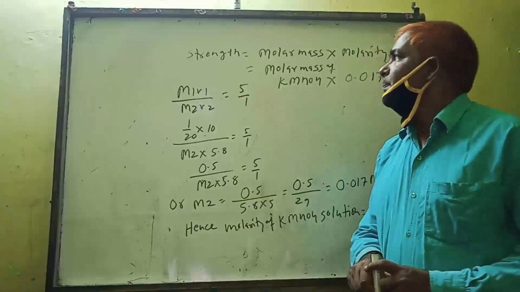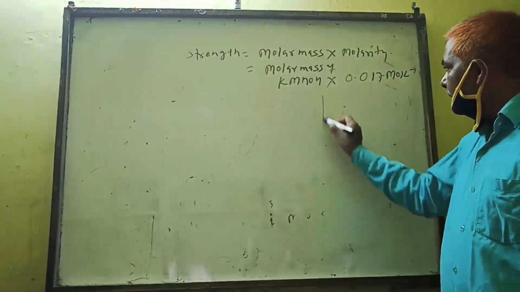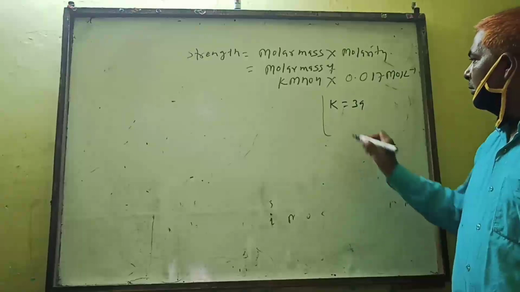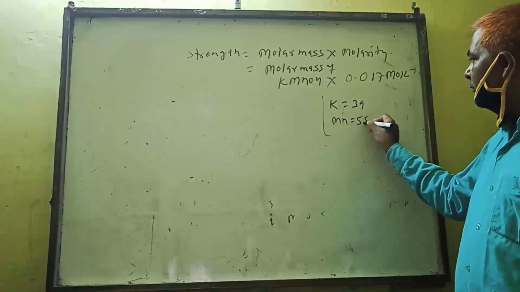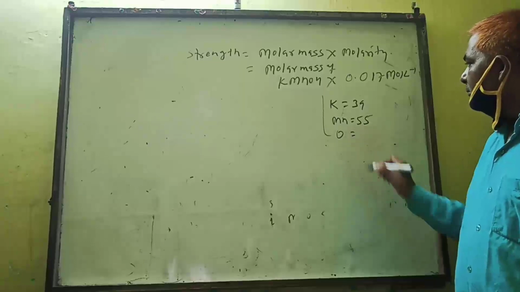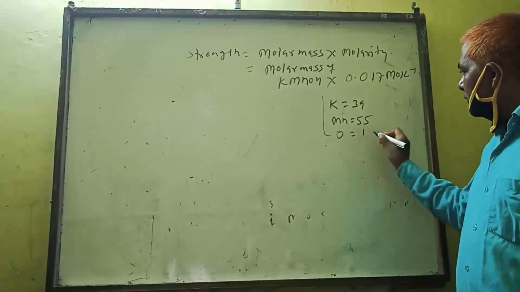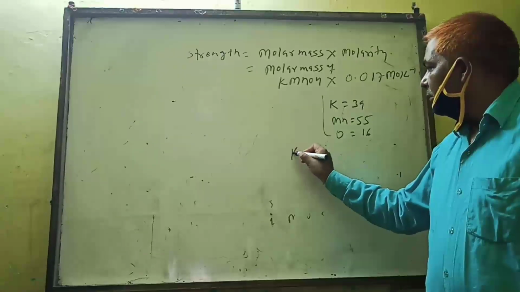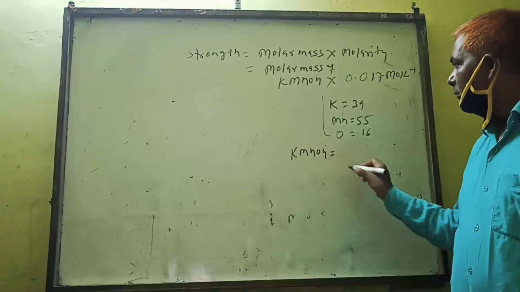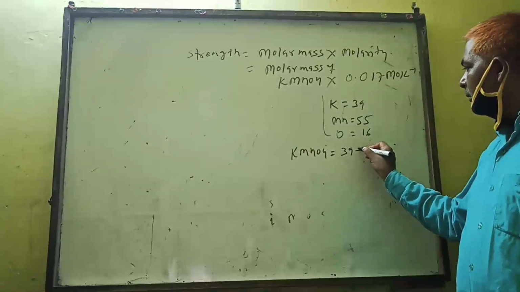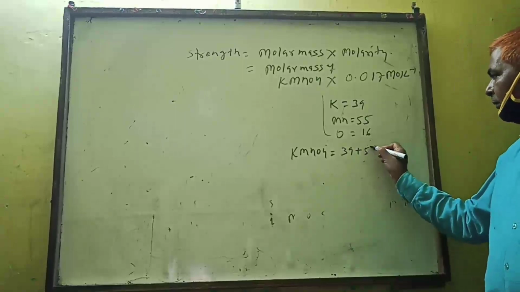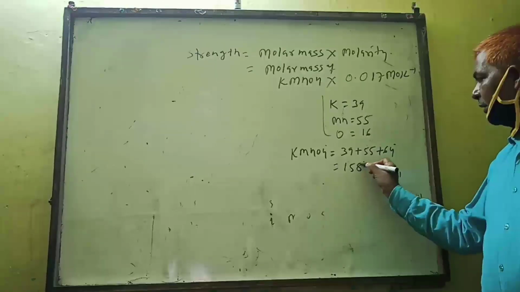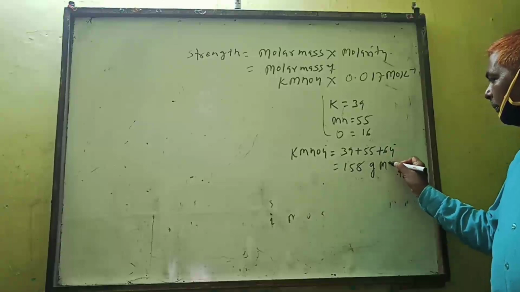Molar mass of KMnO4: atomic mass of potassium is 39, manganese 55, oxygen 16, so the molar mass of KMnO4 equals 39 plus 55 plus 64, 158 gram per mole.